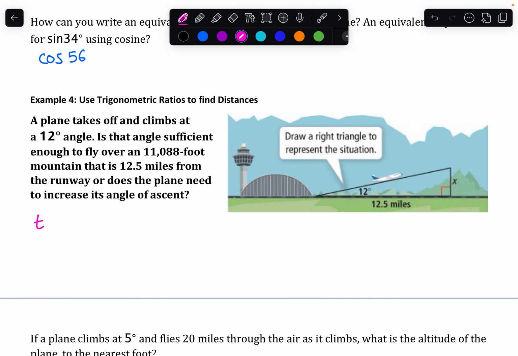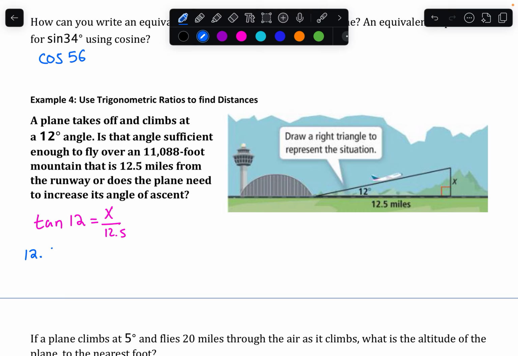So the tangent of that angle in question, which is 12 degrees, is equal to the length of the opposite side, x, over the adjacent side, 12.5. And then all I need to do is solve this equation. So I'm solving for x. I want to get x on its own, which means I'm going to multiply both sides by 12.5 to get it out of the denominator.